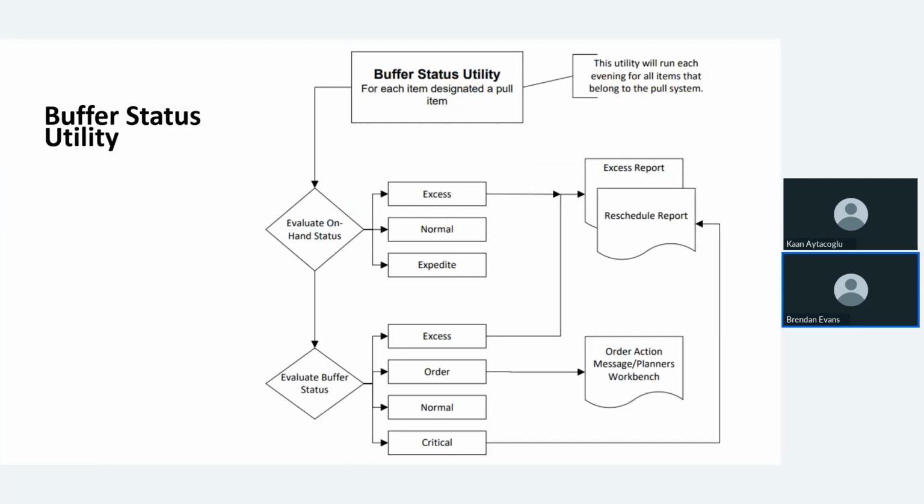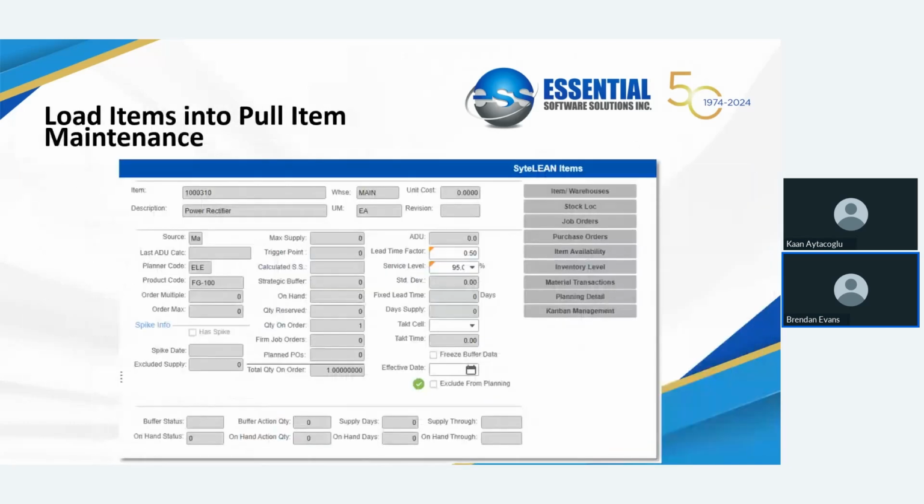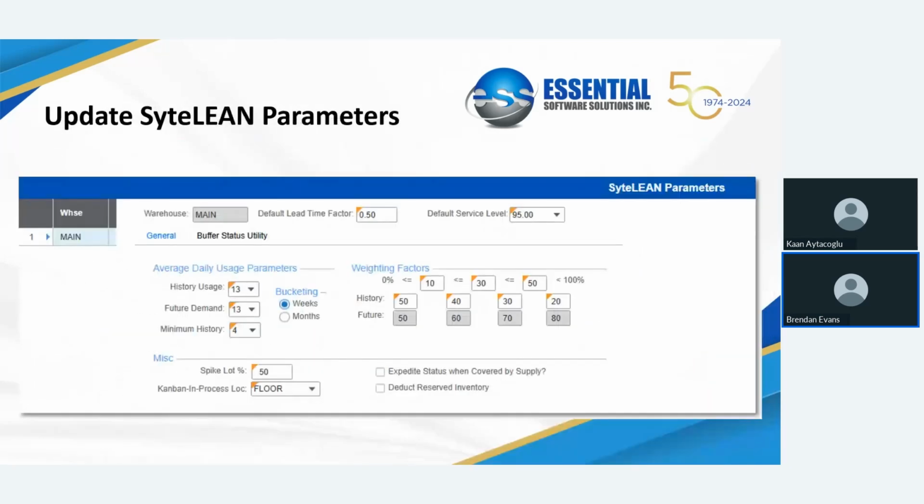The buffer status utility output, there's two outputs. One, there are new replenishment orders, and two, there are exceptions. Similar to a planning environment, exception messages reschedule advice and provide information about any spike notifications. So I didn't talk about spikes. We're looking at the SyteLean parameters. I'll just jump back to that here. There is a spike percentage here.